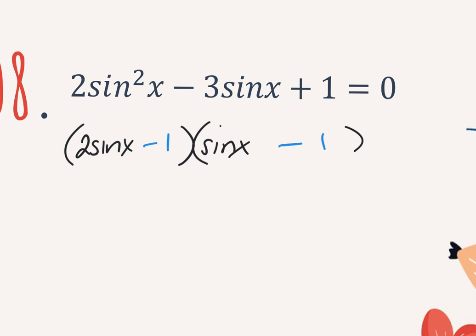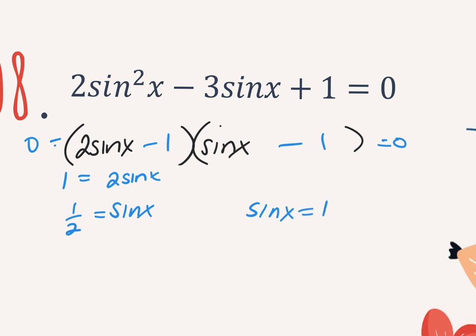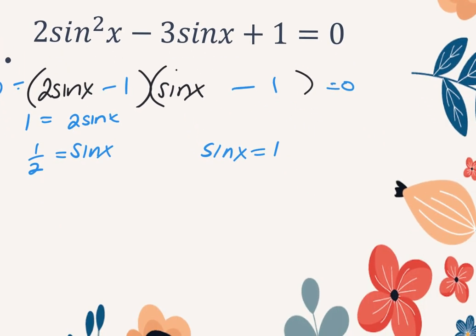But once you get to here, you want to split and solve this. So on the left, you'd get 2 sine of x equals 1, and then sine of x would equal 1/2. And on the right, you'd get sine of x equals 1. And then you'd go to your unit circle, and you'd locate the sine, which is the y coordinate.